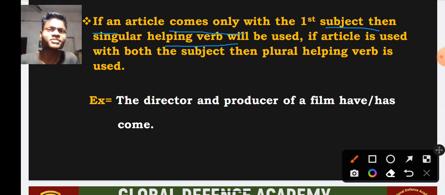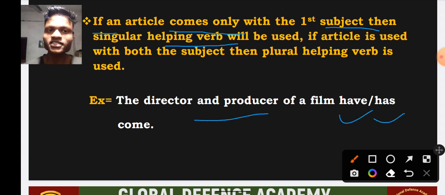Let me describe it in a different way, by example. The example is written below. The director and producer of a film have or has come. You have to pick on the basis of the above written statement.